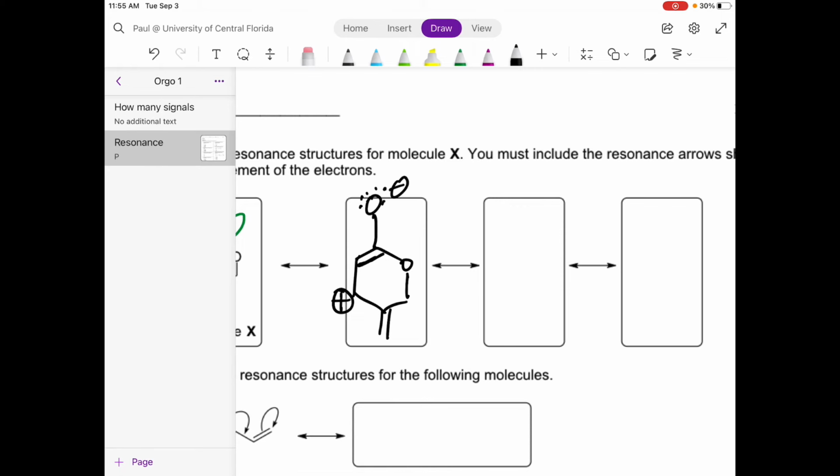Now from that resonance structure, what could we do? We could take these pi electrons, which are adjacent to a carbocation, and move them in between.